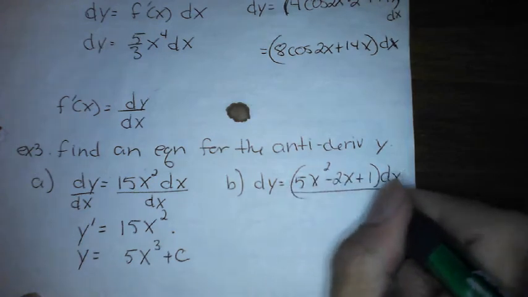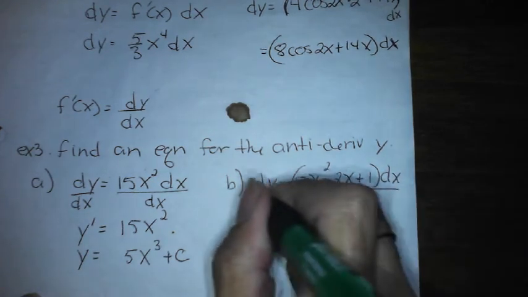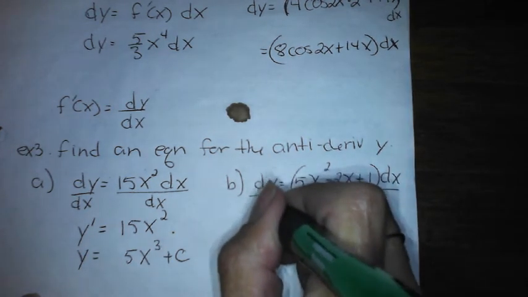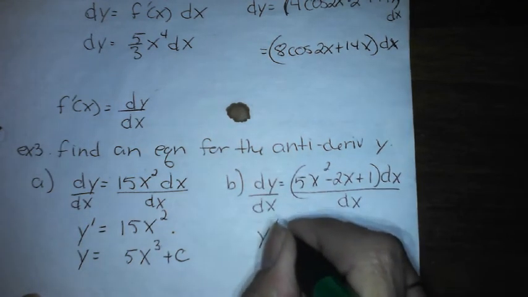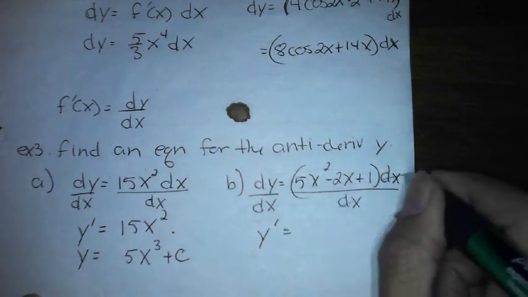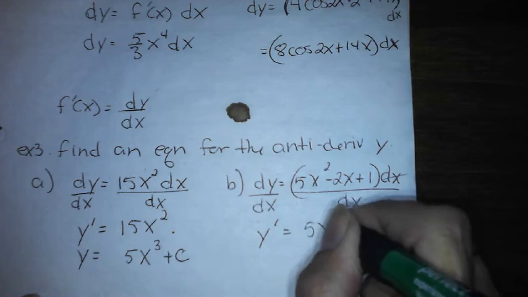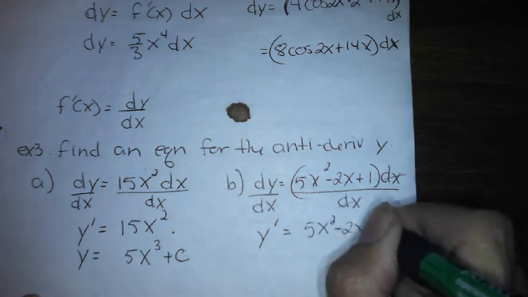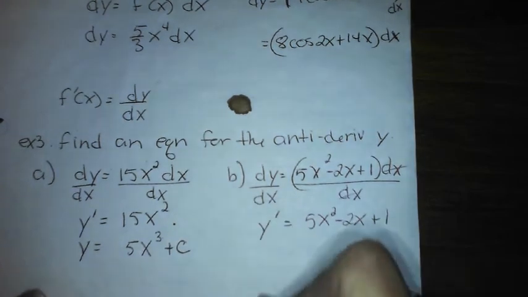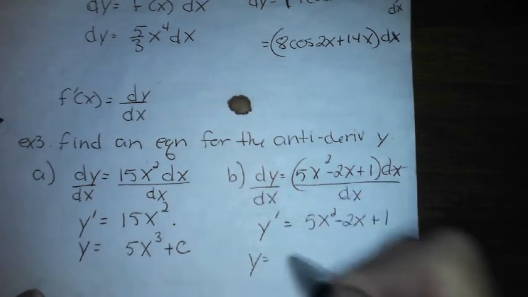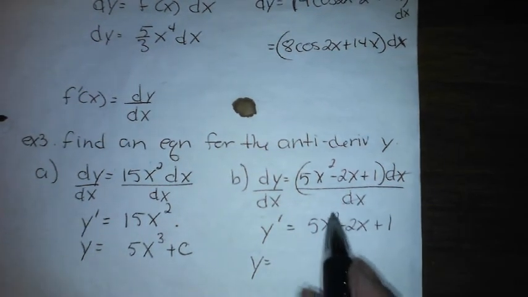So dividing by dx, that makes this y prime. That's gone. We have these three terms. And the goal is to get to y. So we're going backwards.